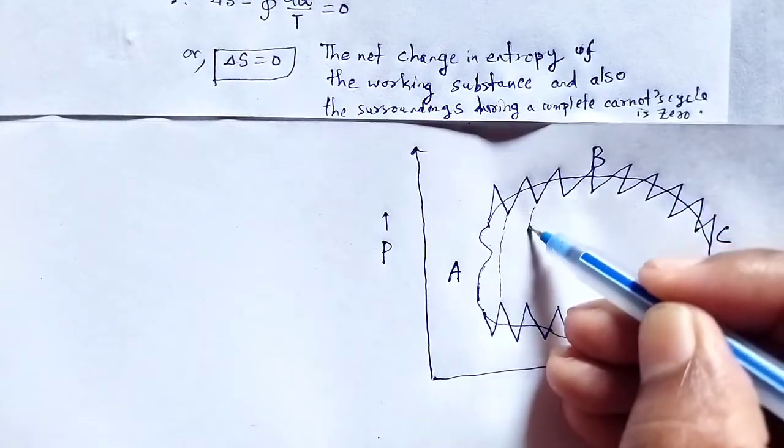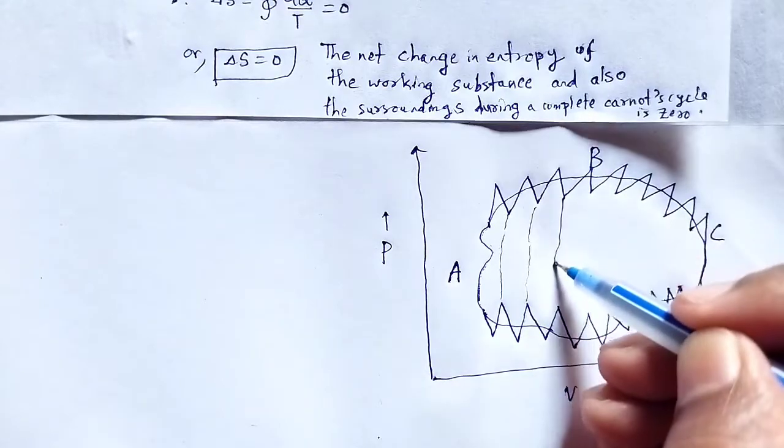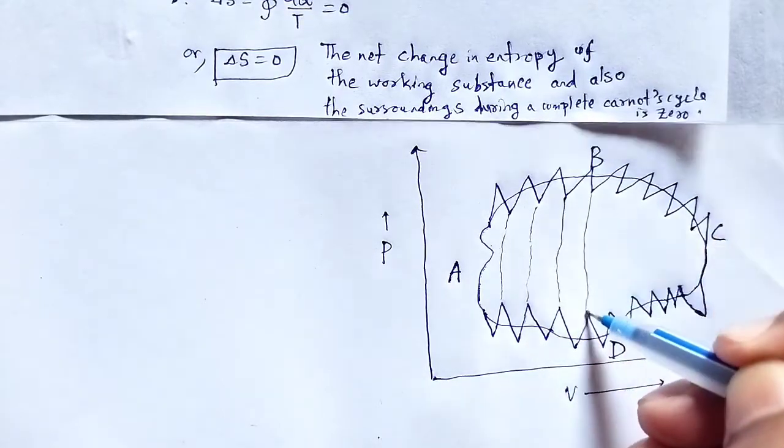These are the elementary Carnot cycles. Look at these cycles here.